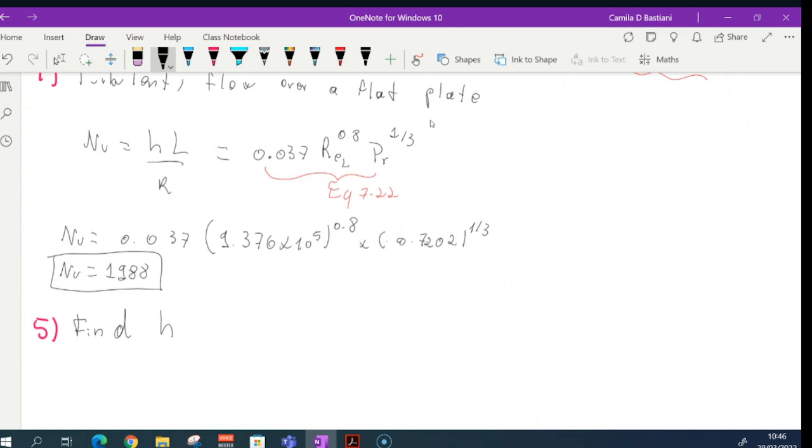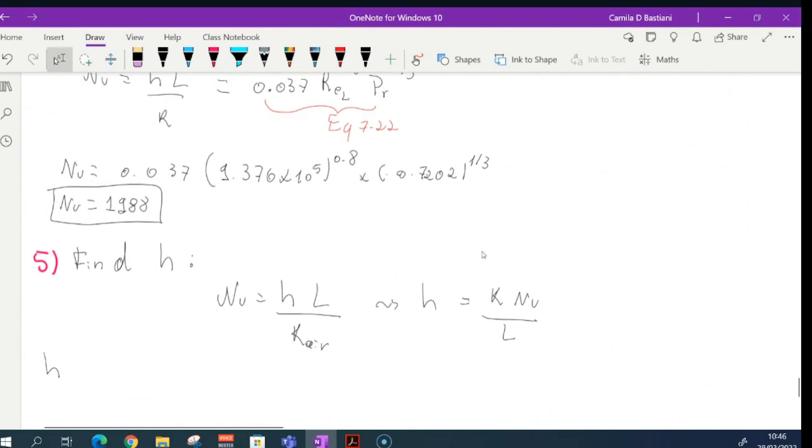Now I can use this Nusselt number to find my heat transfer coefficient of convection. Nusselt number is equal to heat transfer coefficient times length divided by k, the k of the air. If I solve that for my heat transfer coefficient, it is conductivity times Nusselt number divided by my length.